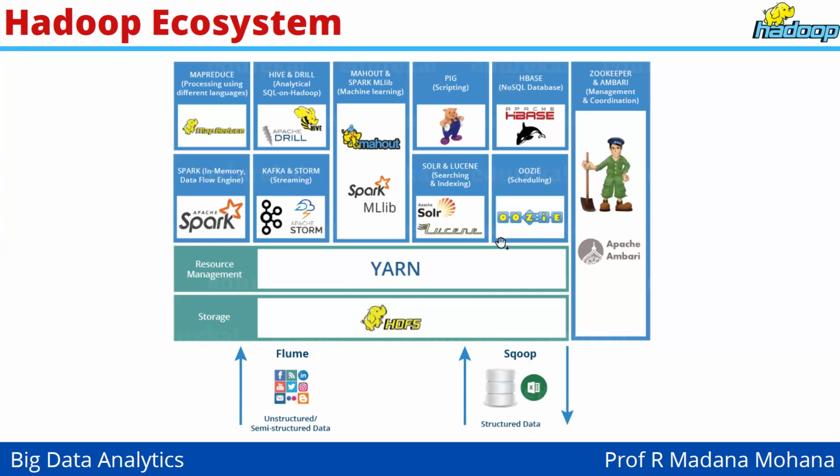Whatever components we listed previously are all placed in this environment. Now, this forms a Hadoop ecosystem. At the bottom we have Flume, which handles unstructured or semi-structured data, then Sqoop, which takes structured data. This is one pictorial representation of Hadoop ecosystem with some of the components.